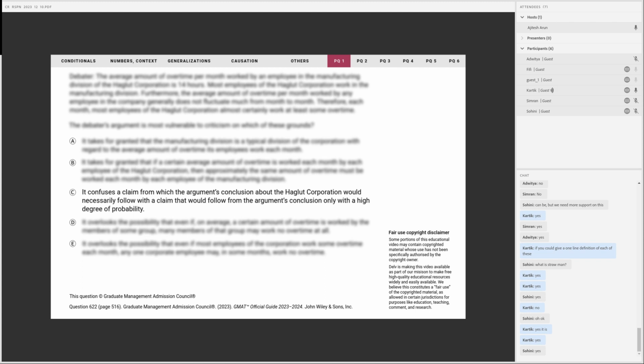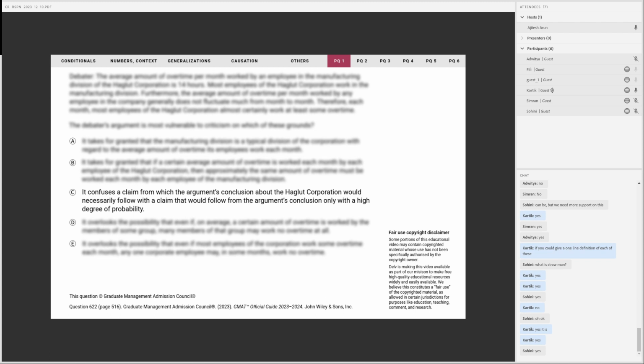So I was stating that there are two claims that the option is talking about. The first claim is that it has to necessarily follow from the argument's conclusion. And that claim is being confused with the claim that will follow from the conclusion only if there is a high degree of probability.